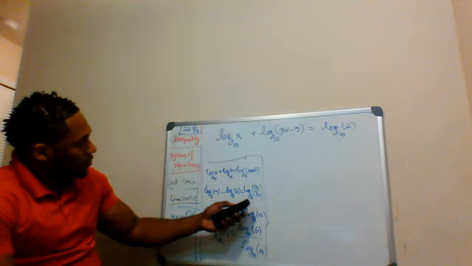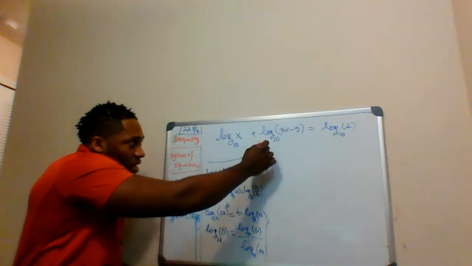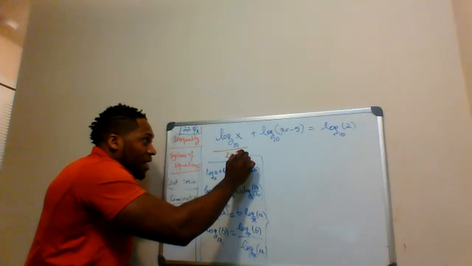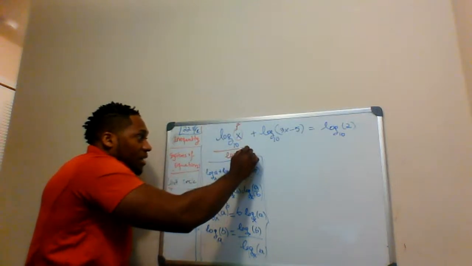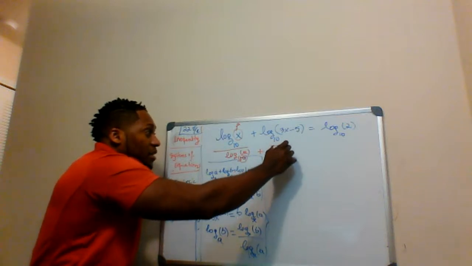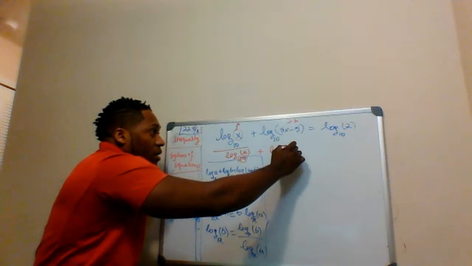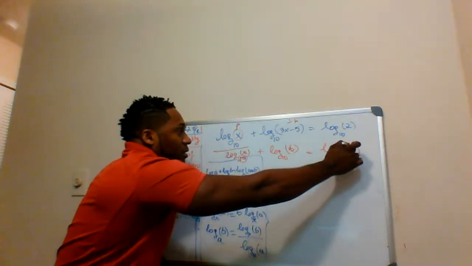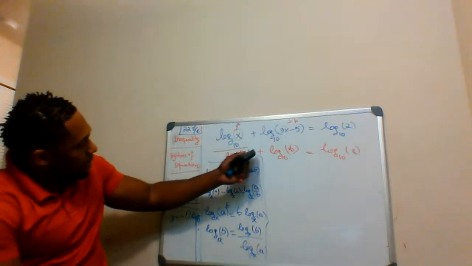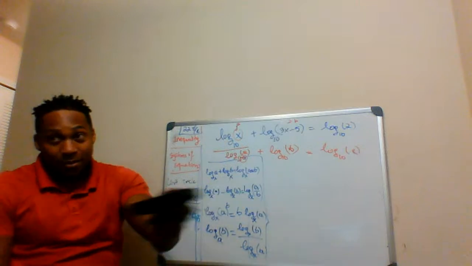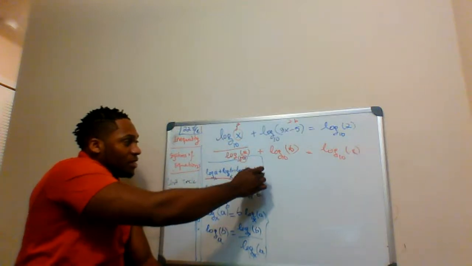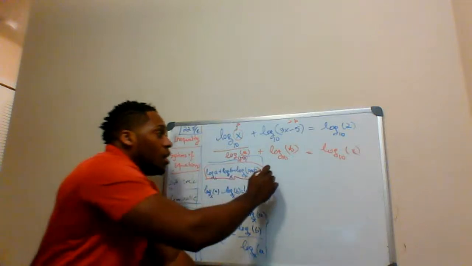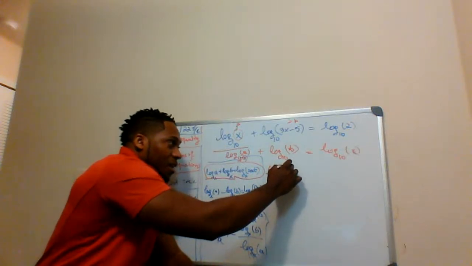So this says log base 10 of a plus log base 10 of b, and you see the base is the same. If we call this a and this b, it is equal to log base 10 of something else, let's call it c. So what does that equal to? According to the first property, log base x of a plus log base x of b gives me log base x of a times b.